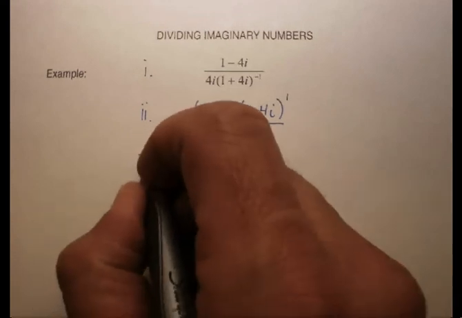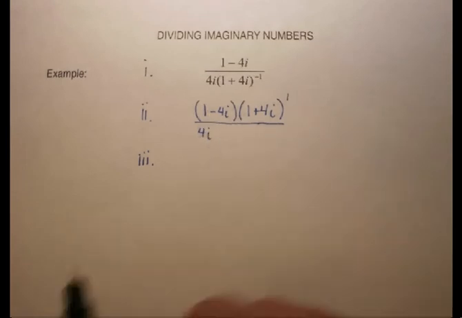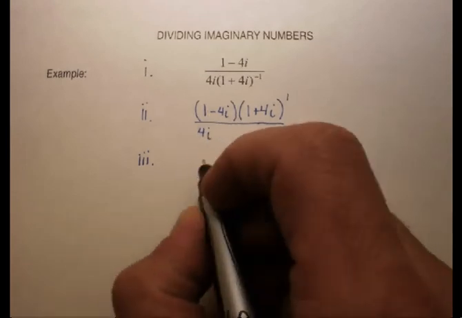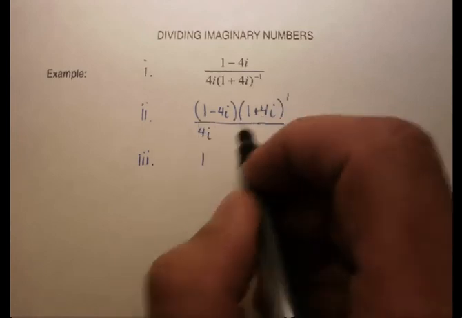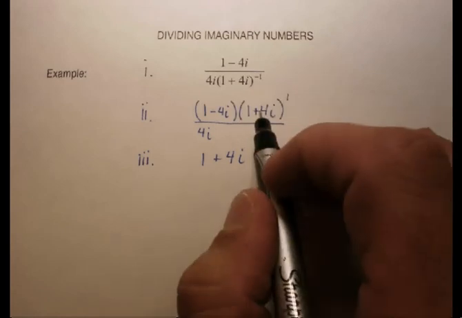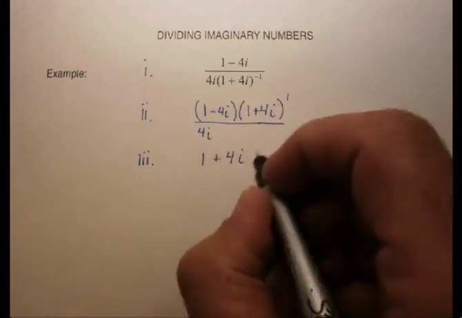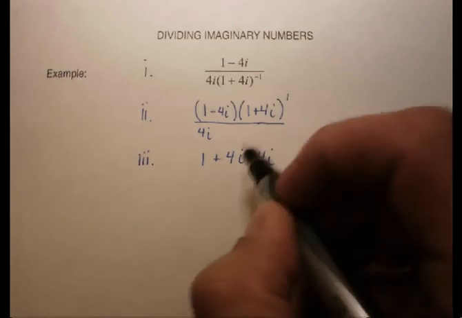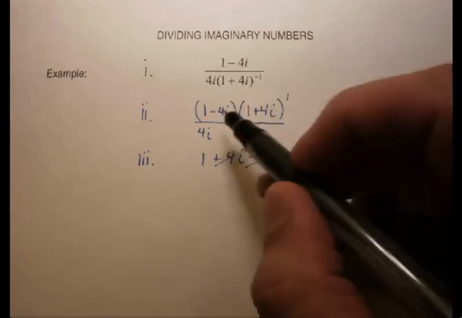That considerably simplifies things. I've got a FOIL up here and then a 4i down here. Let's do the FOIL first. 1 times 1 is 1. 1 times 4i is 4i. Negative 4i times 1 is a minus 4i. You might recognize that as a difference of squares, so I can cross those guys out.